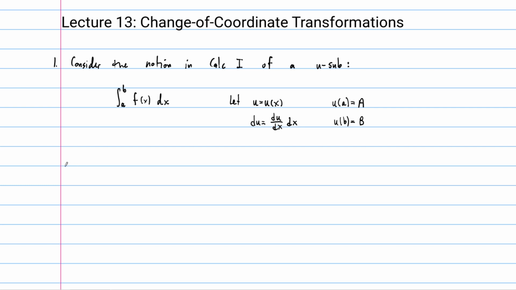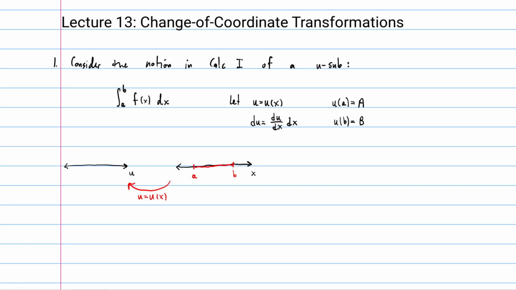The whole idea here is that if we have two number lines, we have our u number line, and we have, so this is really like our domain of our integral, the x line. Then the integral that we want to compute is working over here. But when we make our transformation, u of x, what's it actually doing? It's taking this and mapping it to this space, u equals u of x.